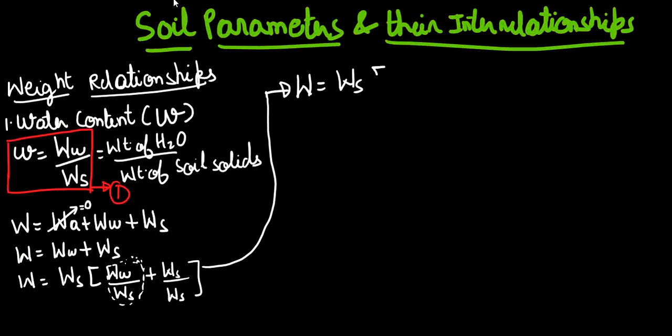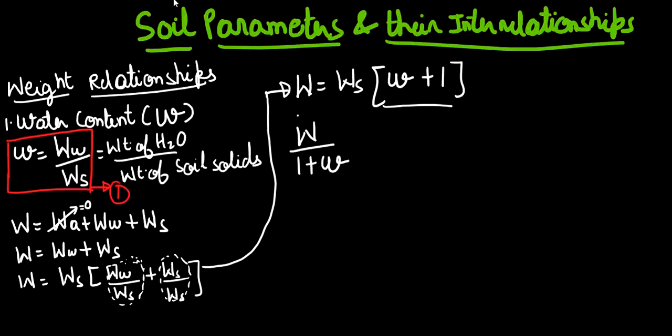So weight of soil solids times water content plus 1, since this cancels out and becomes 1. Or if I bring this term to the LHS, I get total weight of soil sample upon 1 plus W, that is 1 plus water content, equal to weight of soil solids. So this is another relation that I have derived from the formula of water content. Let's number this as 2.